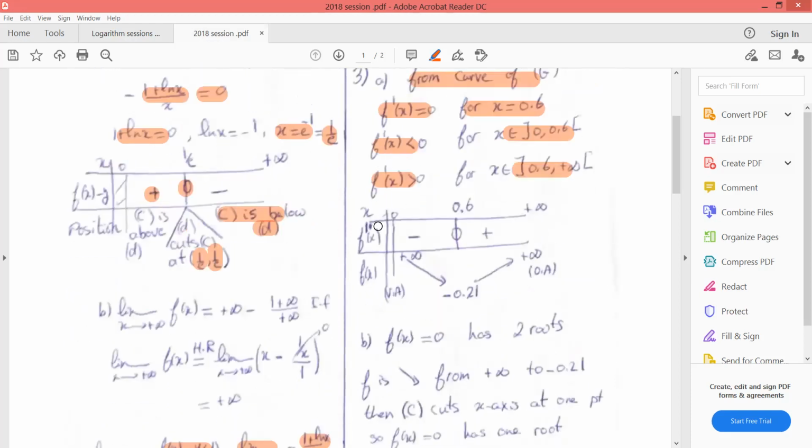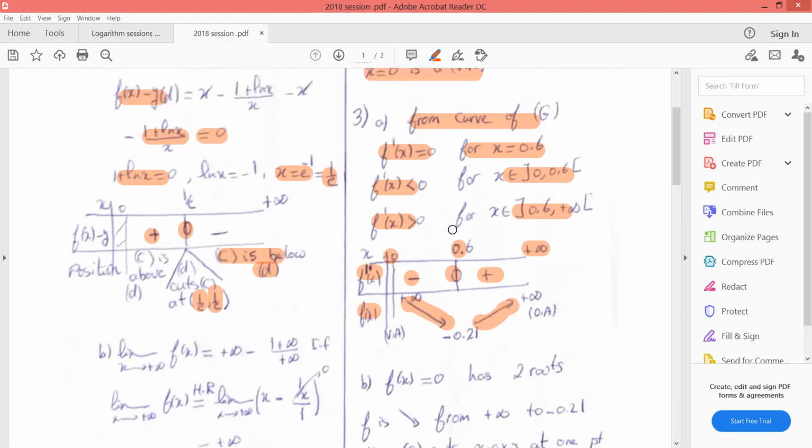So the table of variations: x, f prime of x, f of x. We put 0, 0.6, plus infinity. At 0.6, f prime is 0. Between 0 and 0.6, f prime is negative, the function is decreasing. After that f prime is positive, f is increasing.